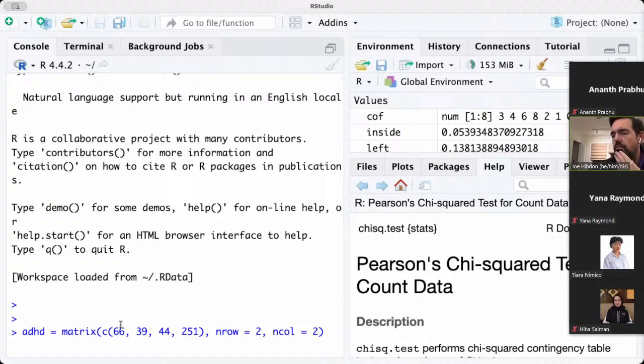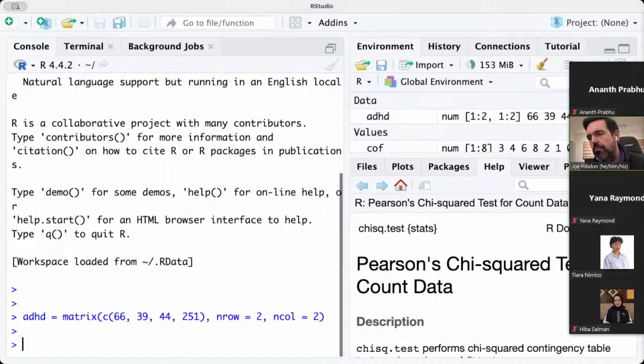So what I've done is we're making a matrix of the ADHD based on that table we have, where we have 66 fathers with ADHD whose children have lead exposure, 44 with no lead exposure. So the 66 and 44 are separated. And then 39 fathers with no ADHD and lead exposure, and 251 with no ADHD and no lead exposure.